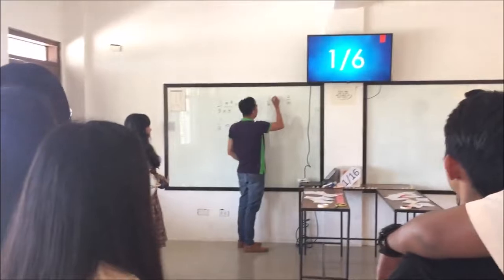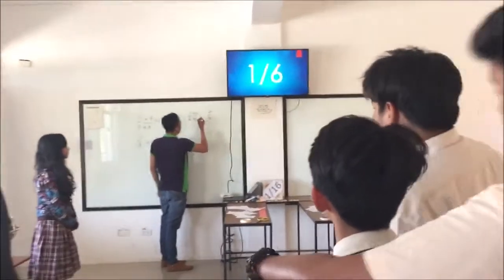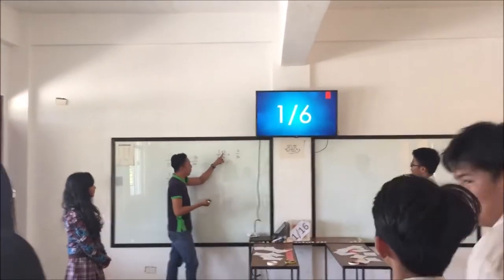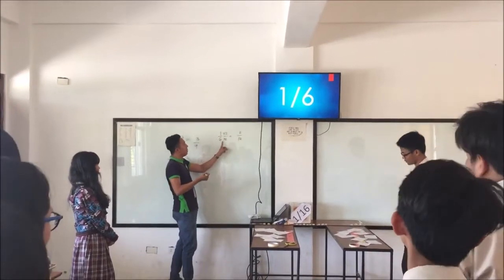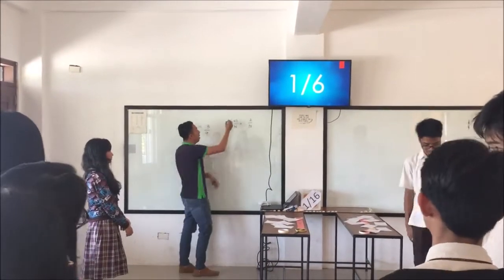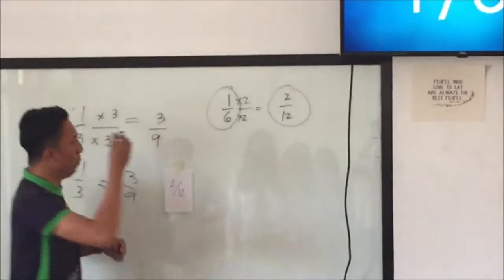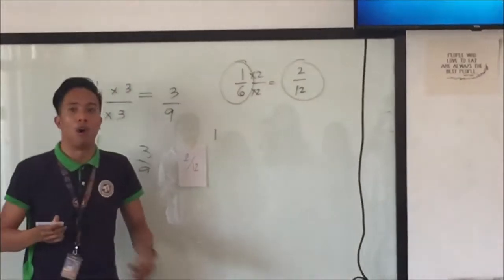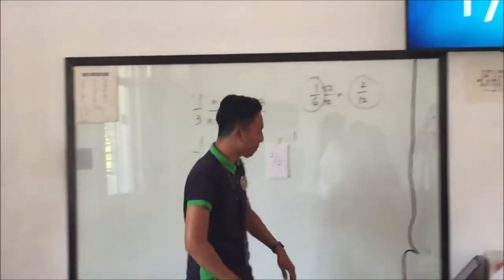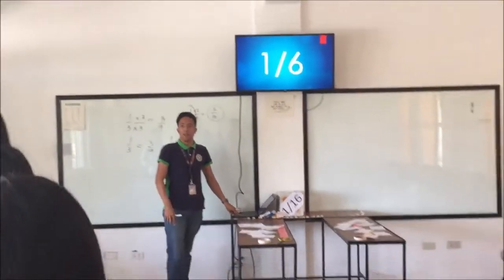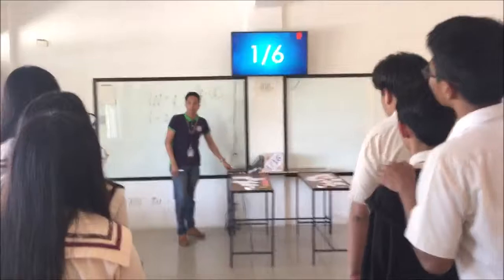So we will multiply by 2. Therefore, 1 multiplied by 2 is 2, and 6 times 2 is 12. Therefore, 1 over 6 is equivalent to 2 over 12. So group 1 got the first point. Very good. Next fraction. Next number, please.